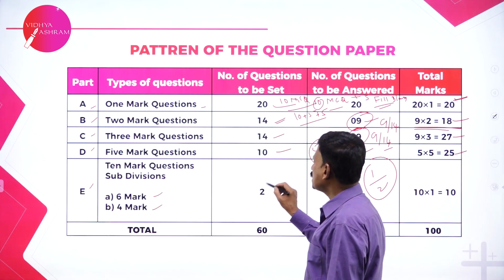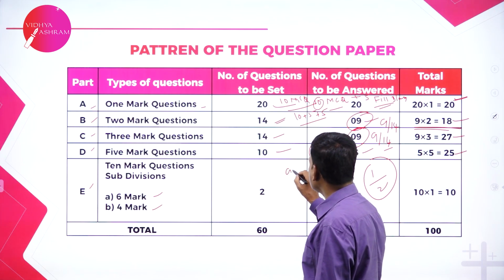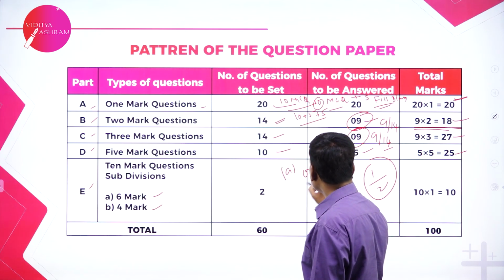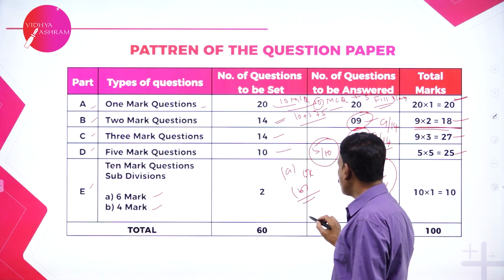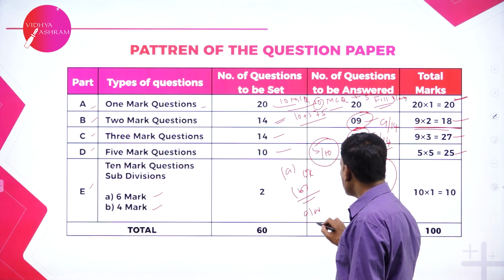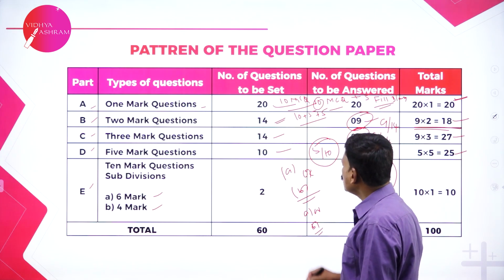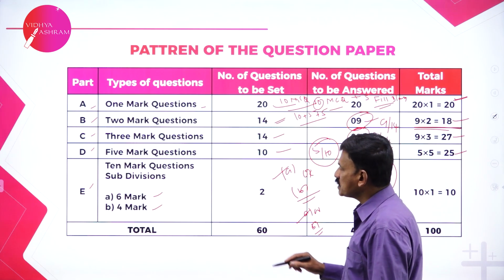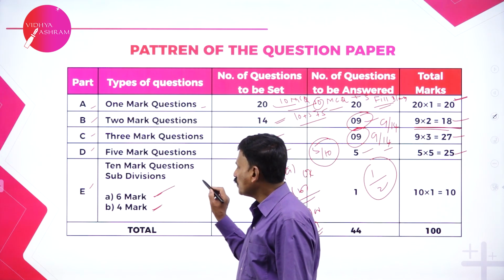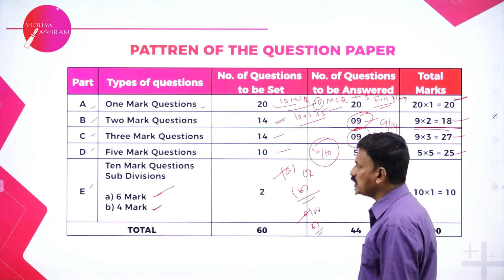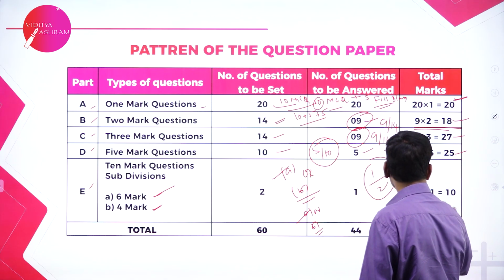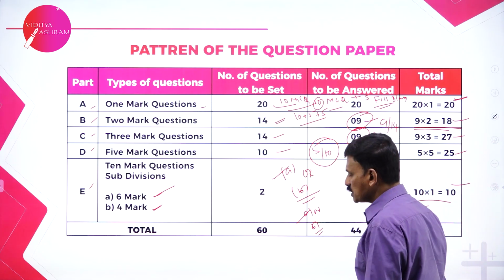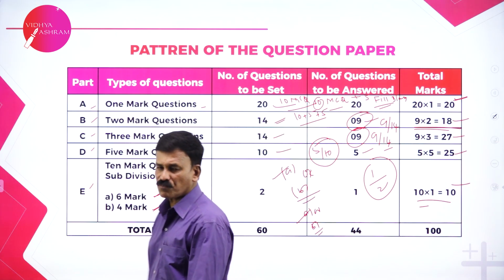For the 6 marks there is a choice, A or B, and similarly for 4 marks also, A or B will be there. So you may answer one from these two and one from these two. So one 6 marks question and one 4 marks question for part E. Totally 6 plus 4, 10 marks. So this is how the question paper is set for first PUC.